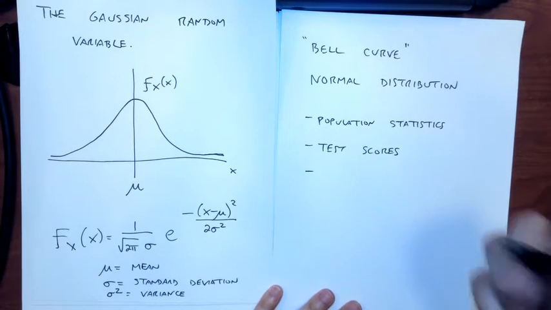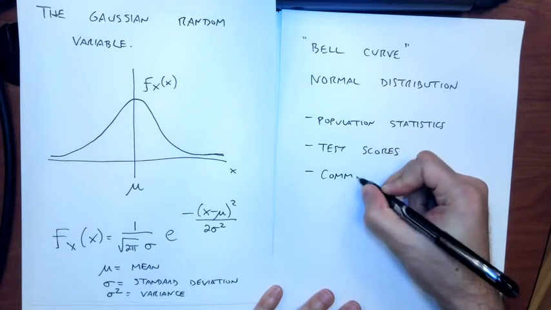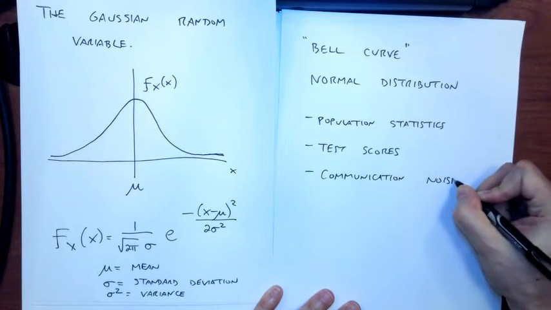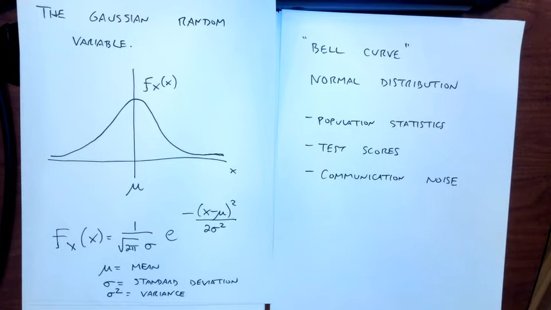In the electrical engineering world, things like communication noise. If you're taking a higher level course and we're talking about what I transmit over the channel versus what is received over the channel, usually the received signal is corrupted by some sort of noise, right? Could be thermal noise, could be noise that comes from cables being too close together, and often this is well modeled as a Gaussian distribution.